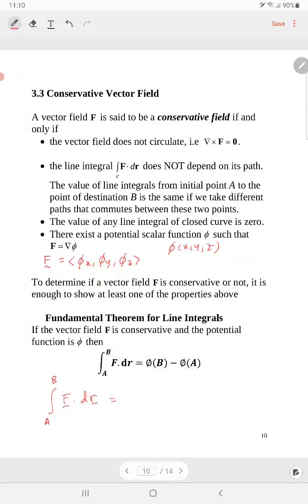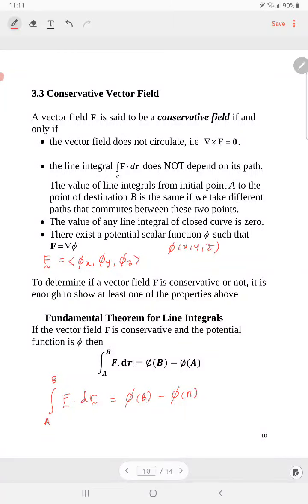So instead of evaluating the line integral F dot dr, if F is conservative, then you can use this fundamental theorem for line integral, where this is equal to the potential function at point B minus the potential function at point A. So this is called the fundamental theorem for line integral.